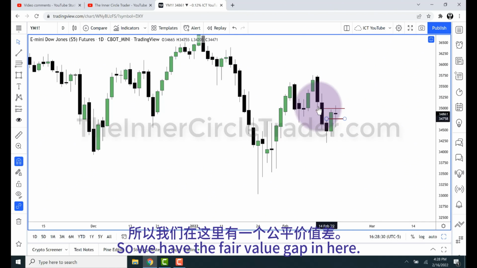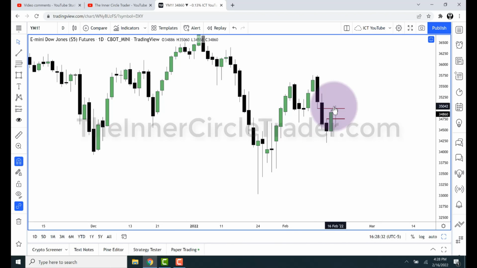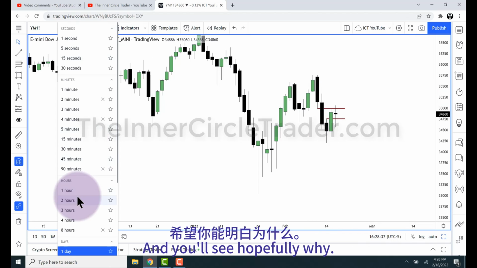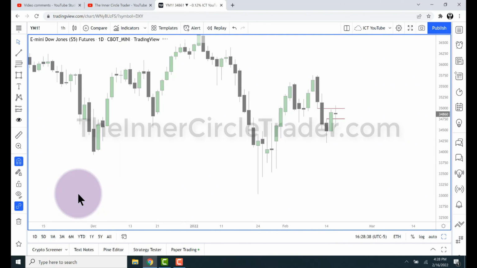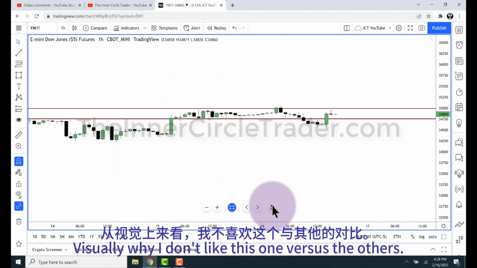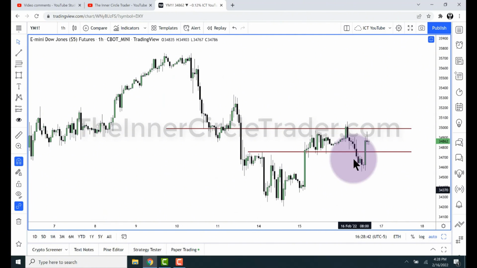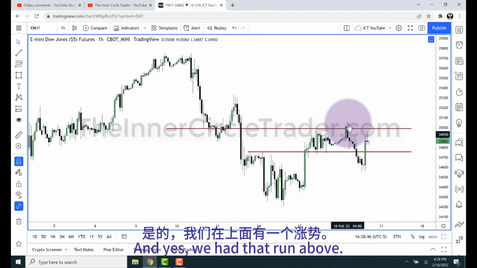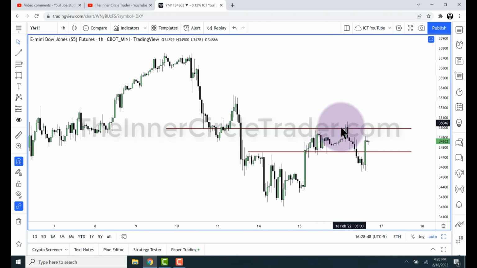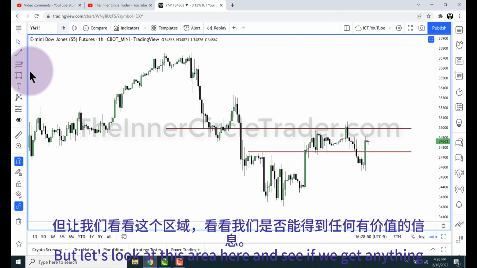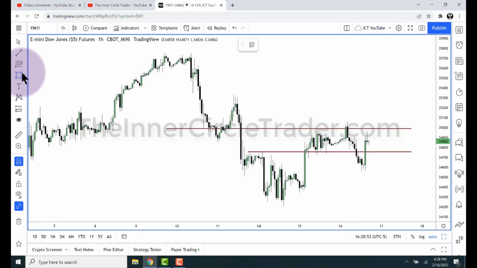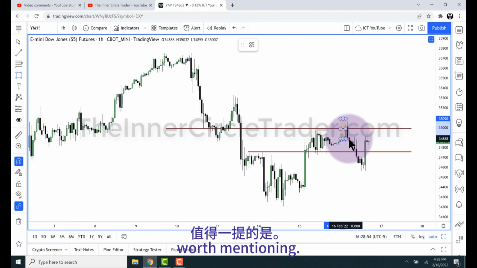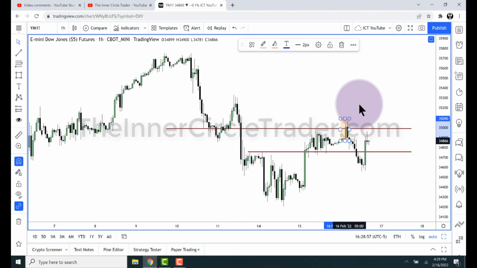So we have the fair value gap in here, trades up into it. We're going to go into the lower time frames, and you'll see, hopefully, visually, why I don't like this one versus the others. Okay. Really sloppy in here. And then, yes, we had that run above. But let's look at this area here and see if we get anything worth mentioning.